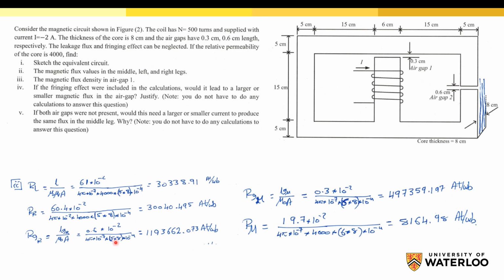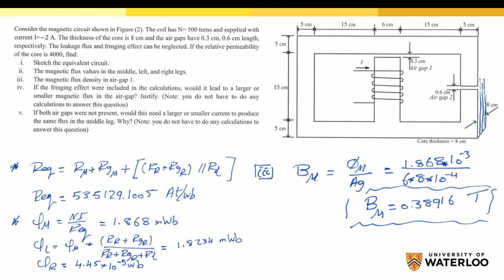Okay, it's very important. Now, after calculating all these reluctances, we can simplify the circuit and calculate the equivalent reluctance. So the equivalent reluctance here, we have these two reluctances in series parallel with the left reluctance, then series with these two reluctances.